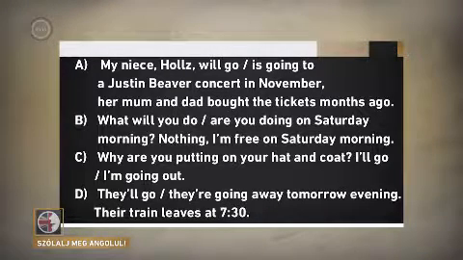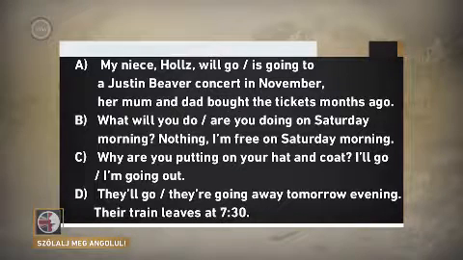Now, with this sentence, we need to pay attention to the end of the sentence, to the last part of the sentence. That's the most important part of the sentence. That tells us the information we need. Can you see why we need to check the end of the sentence?